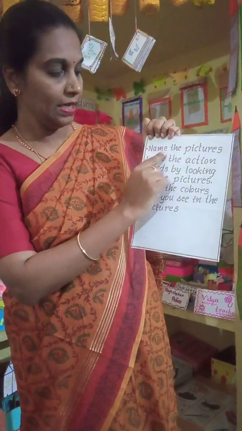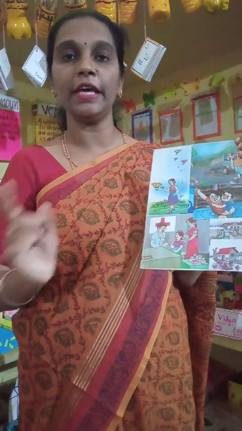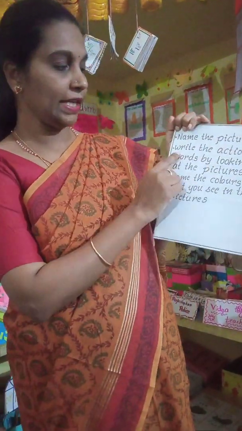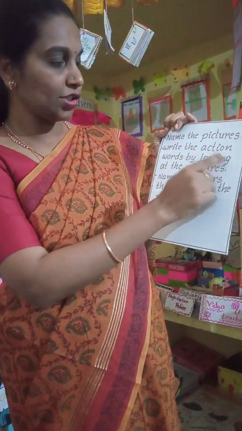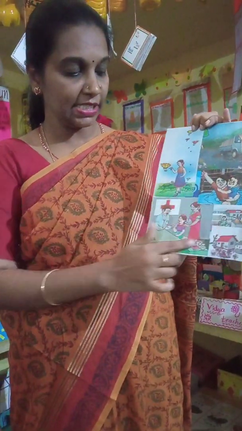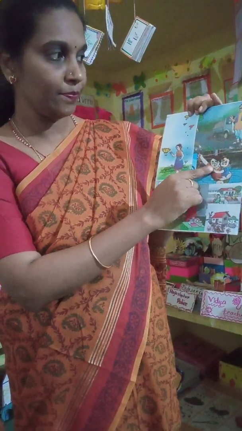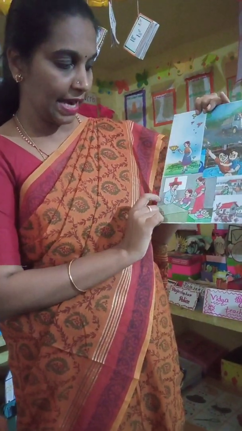So you can see here, name the pictures. So they will look at the picture and they will name the picture in their notebooks. Second instruction is, write the action words by looking at the pictures. So in this picture we can see many actions. Here they are crying, and here a man is waving his hand.